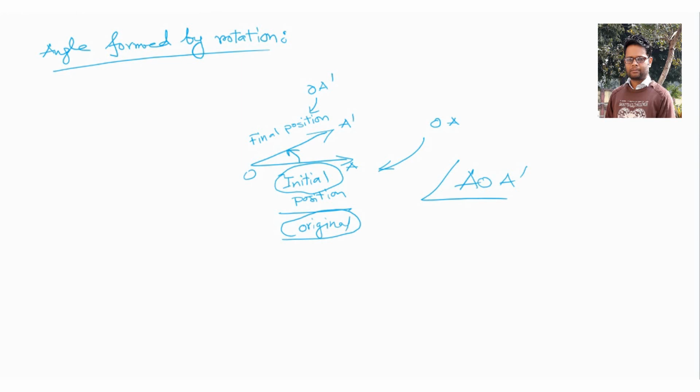That means if you move this ray OA dash in the anti-clockwise direction till it reaches its initial position, and then increase the rotation, the angle will rise. So that was the angle formed by rotation. This is the basic idea about it. Now we have a few examples of angles.